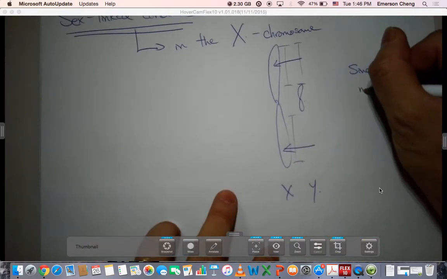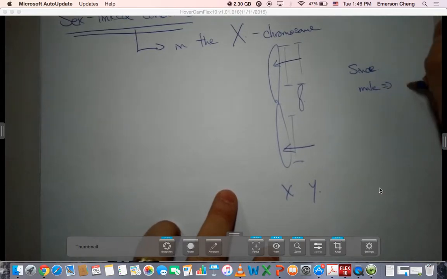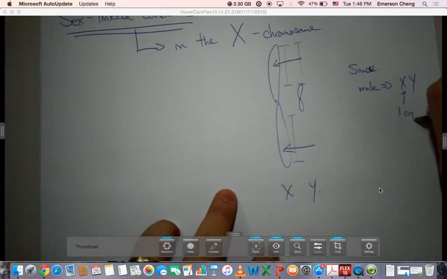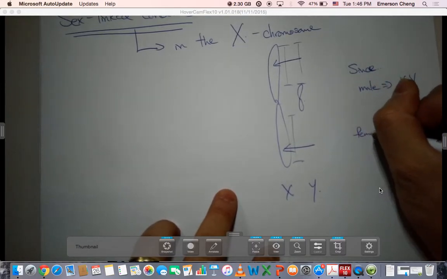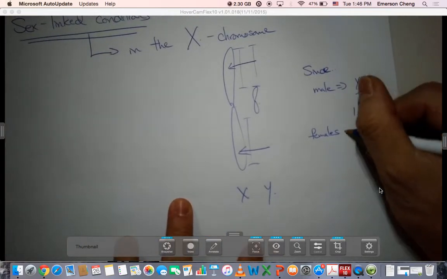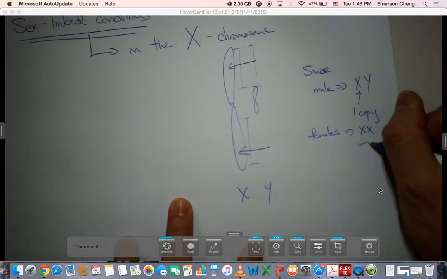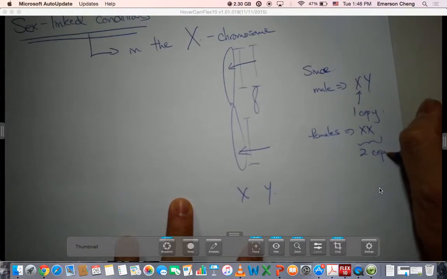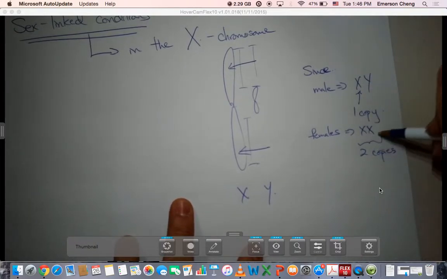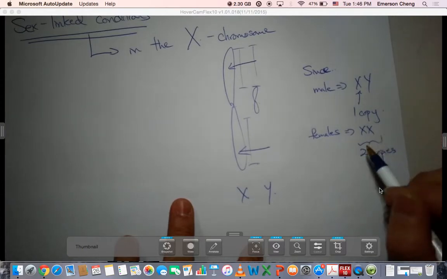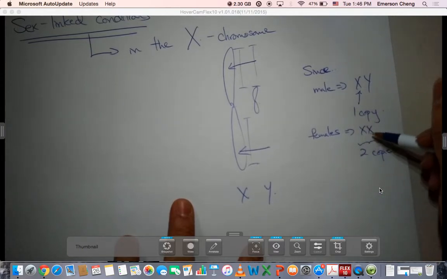Since male is XY, it means you have one copy of this X chromosome, whereas girls, females, you have XX, you have two copies. Let's go with females first, it's a little bit easier to explain. You have two X chromosomes.